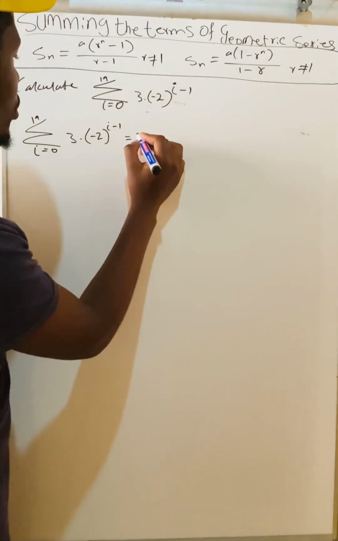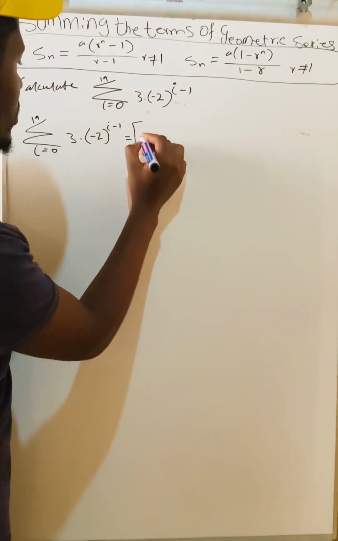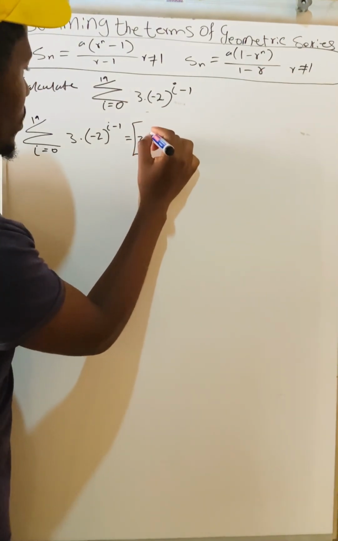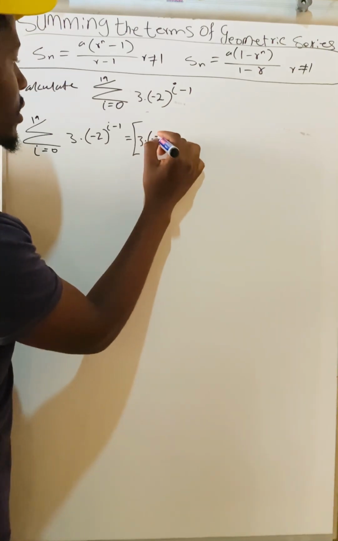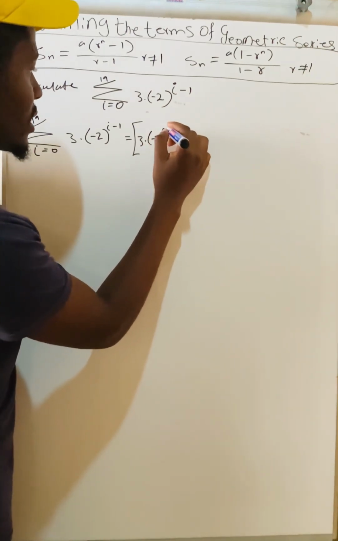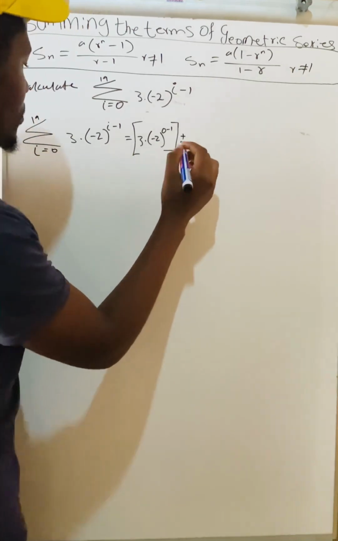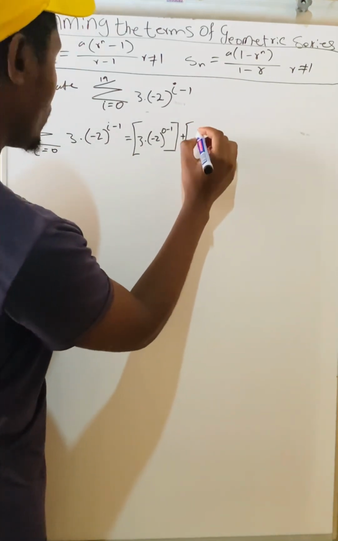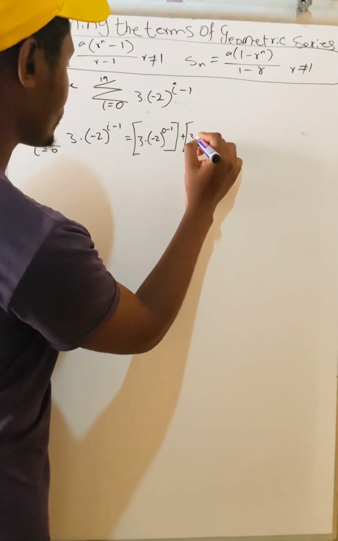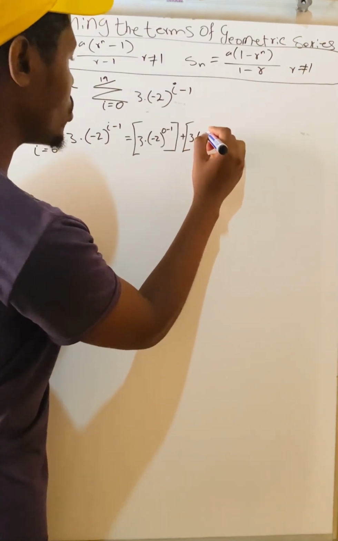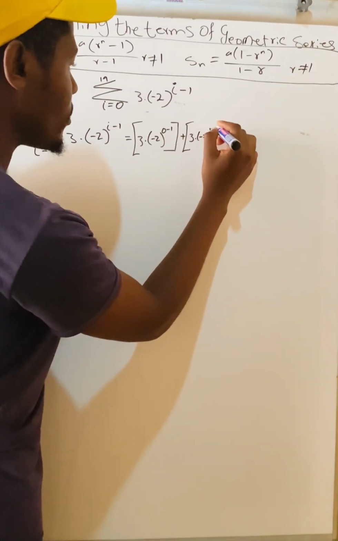Let's do it. You can write something like this: 3 into brackets negative 2, close the bracket, to the power 0 minus 1. Again, plus 3 into brackets negative 2, to the power 1 minus 1.